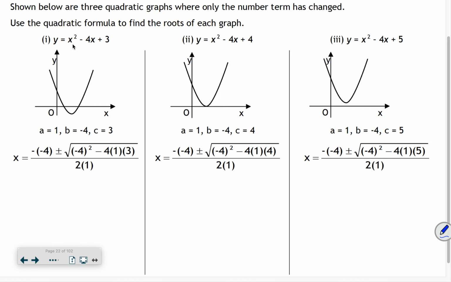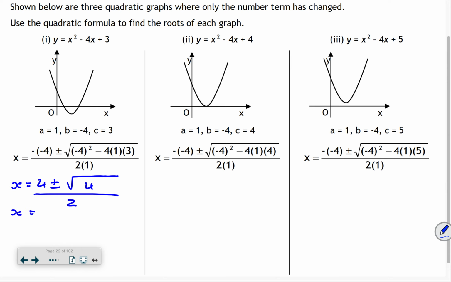So the first one, for x squared minus 4x plus 3, let's complete this. So minus 4 is going to be plus 4. So it'll be 4 plus or minus the square root of minus 4 squared minus 4 times 1 times 3, which is going to give you 16 minus 12, which is 4, all over 2.